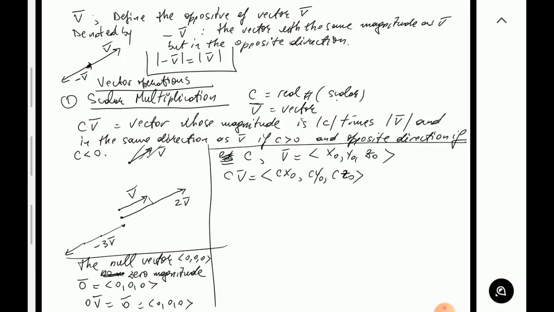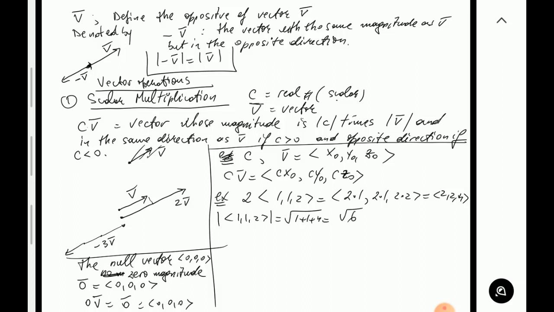Component-wise multiplication. As an example, if I multiply the scalar 2 by the vector 1, 1, 2, that's going to be 2 times 1, 2 times 1, 2 times 2. Obviously, you could do it much faster once you understand how the operation works. So this is 2, 2, 4. Notice that the magnitude of 1, 1, 2 is the square root of 1 plus 1 plus 4, which is the square root of 6.